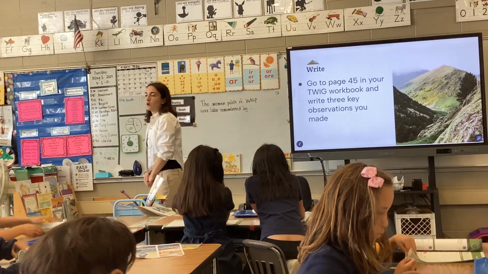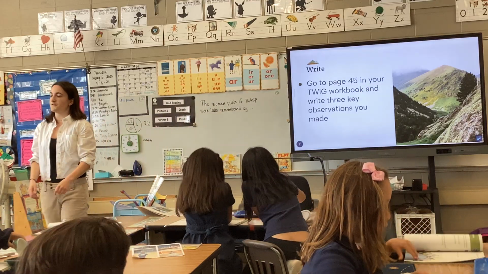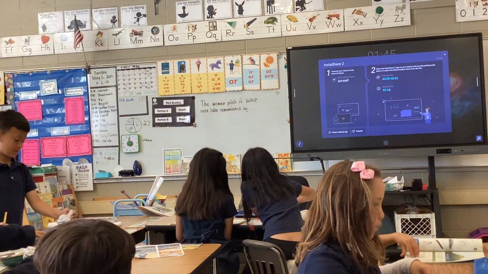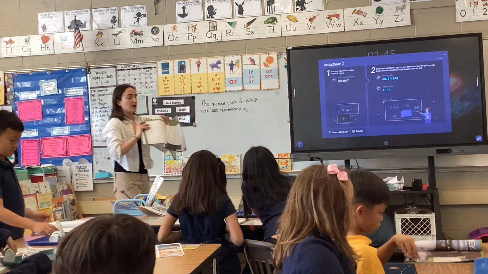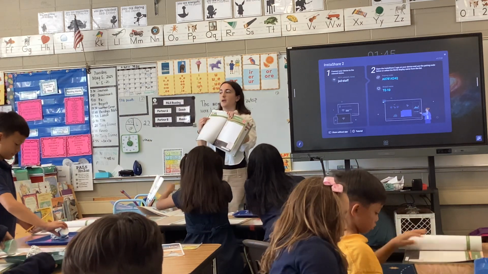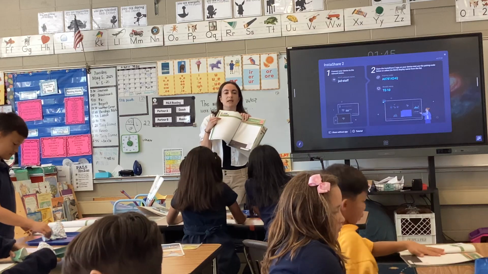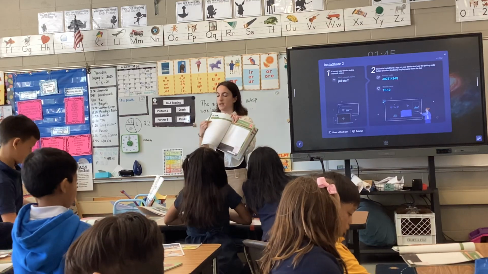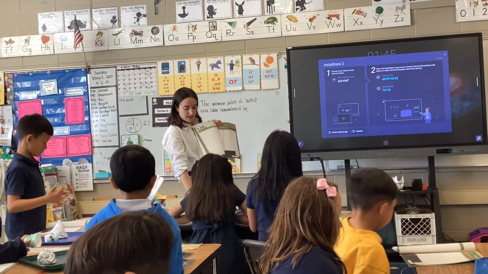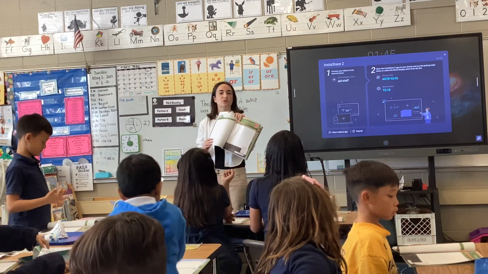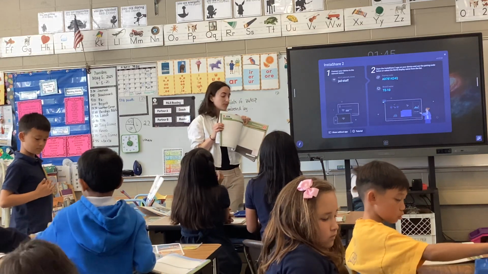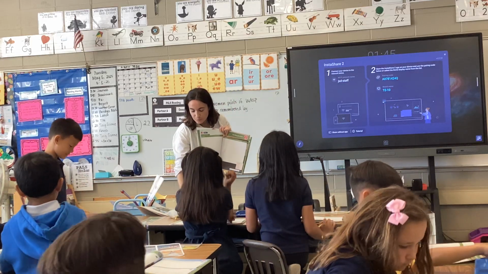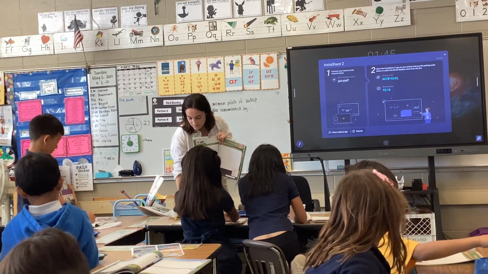And we're going to record our observations in the first box. Can I show everyone? So everyone, we're going to go to the first box on page 45. And we're going to write 3 key observations we made from pouring the water down our mountain, okay? And I have some sentence frames to help us answer the question. And I'm going to project it really soon.